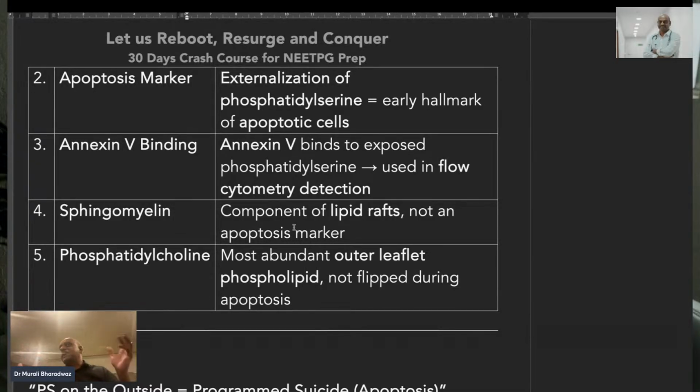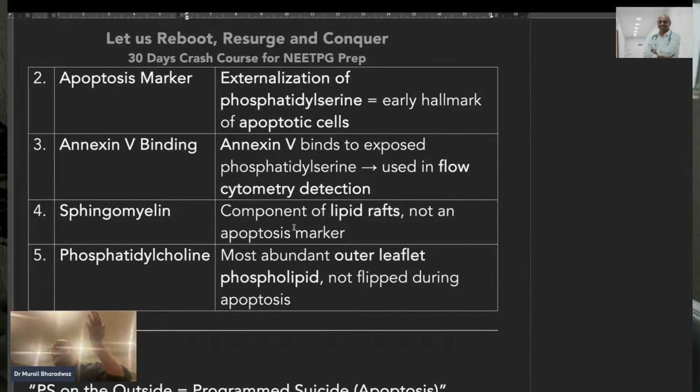Once a cell is bound to die, phosphatidylserine will flip from inner to outer, and annexin 5 will bind to this.